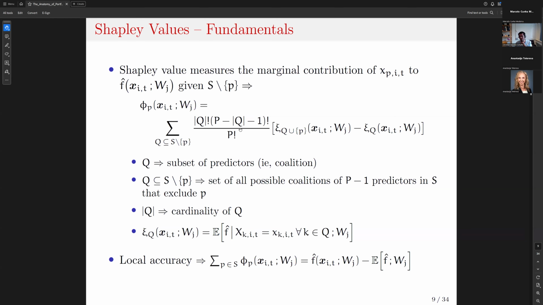So you essentially just need to take care of that, and this is what this weighted sum is doing. And again, you're just looking at all the different subsets of predictors, including and excluding predictor p, and taking a weighted average of that. So a really nice thing about Shapley values is that they have this local accuracy property.